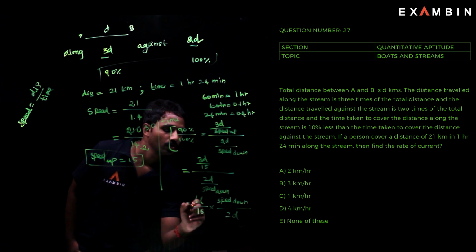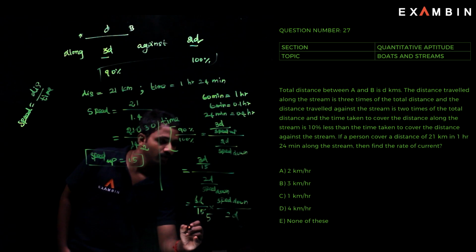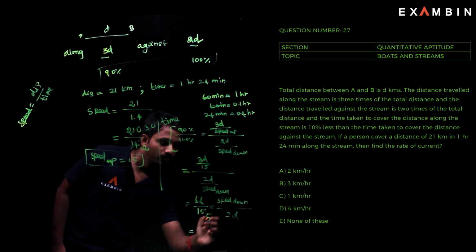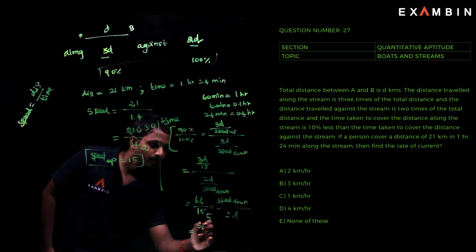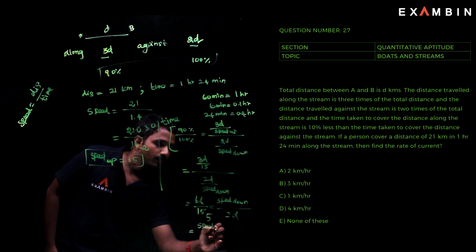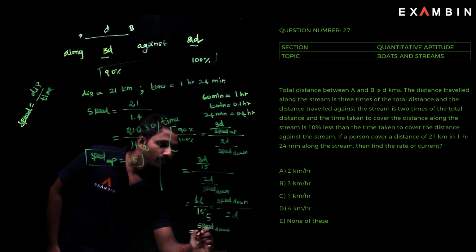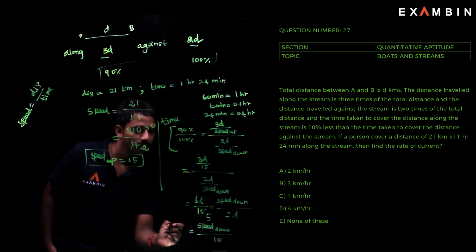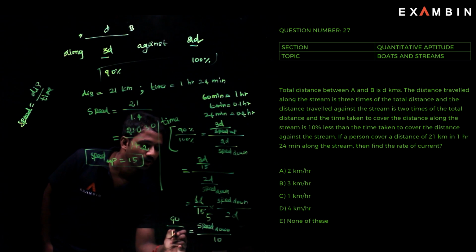DD cancels, 1, 5. So speed down divided by 10 is equal to 90 by 100.